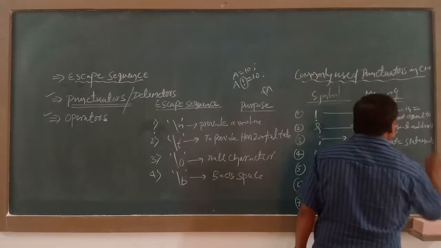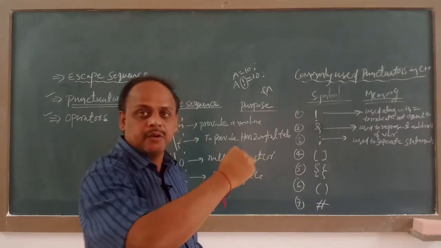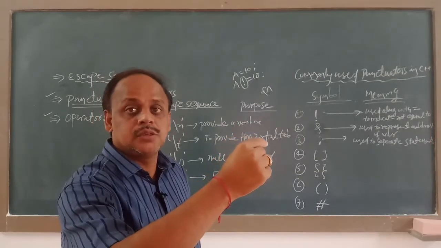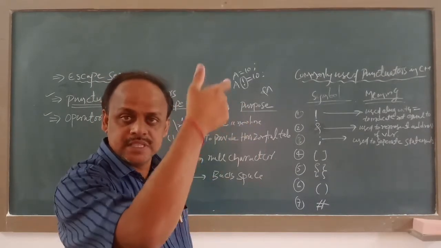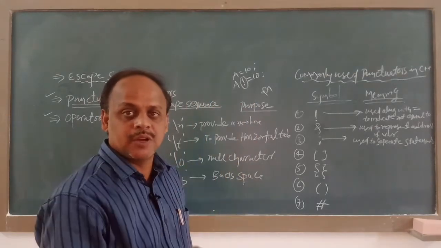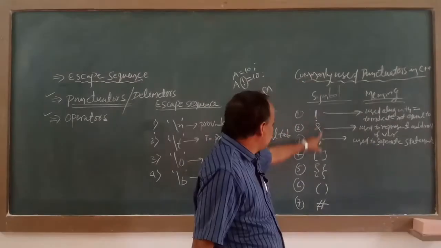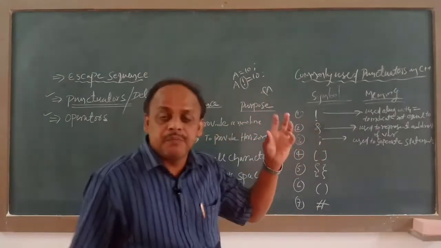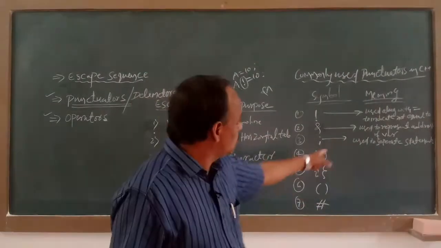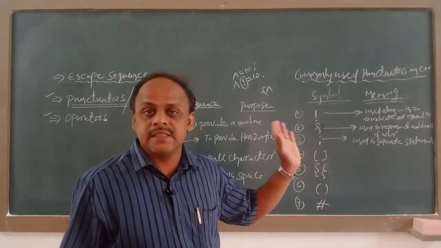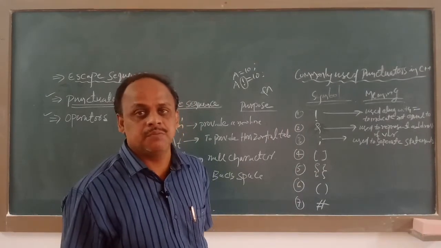While writing a C++ program we write some sentences, and each sentence ends with a semicolon. Every C++ statement ends with a semicolon. That semicolon is nothing but a punctuator, and it indicates the end of the statement.